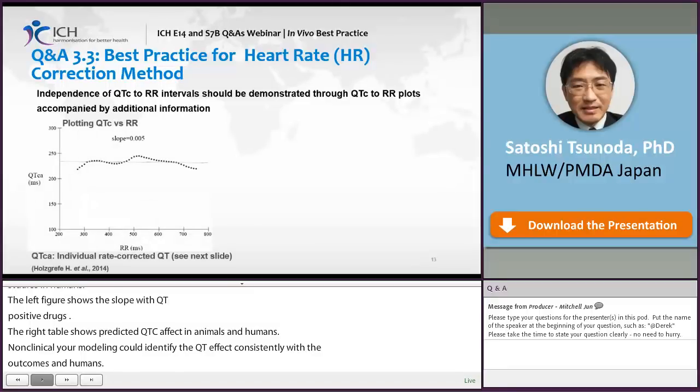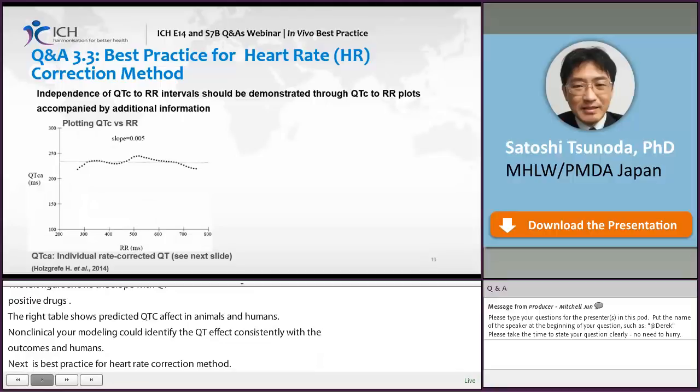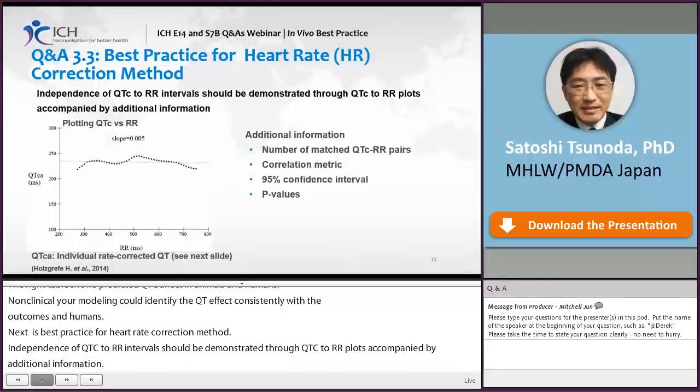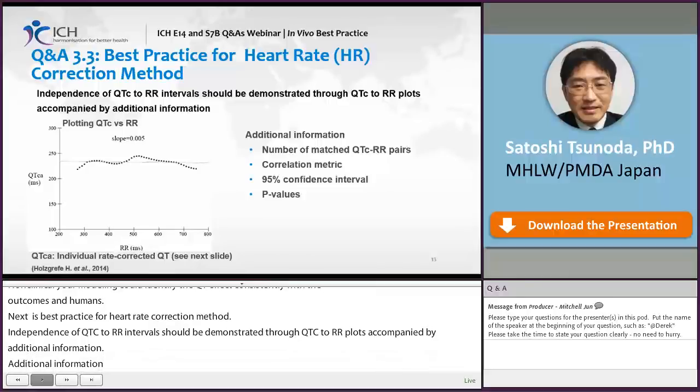Representative independence of QTc to RR is demonstrated by plotting QTc versus RR, shown in the left figure. Additional information to demonstrate the independence could be shown: number of matched QTc RR plots, correlation metric, 95% confidence interval, and p-values.